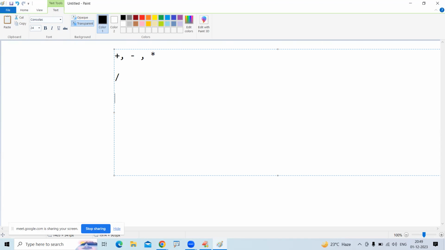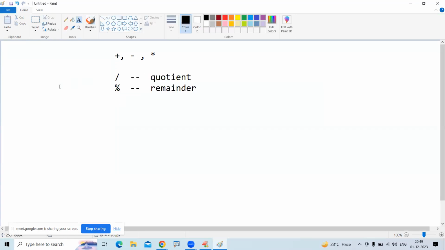Only the division and mod. Division will give quotient, and here mod gives remainder. Division and mod, quotient and remainder.